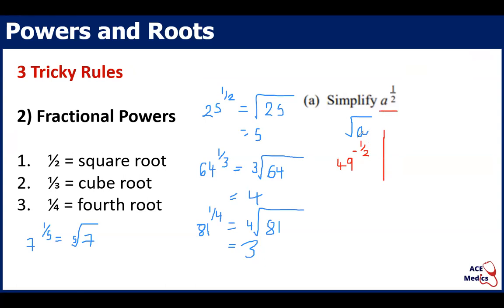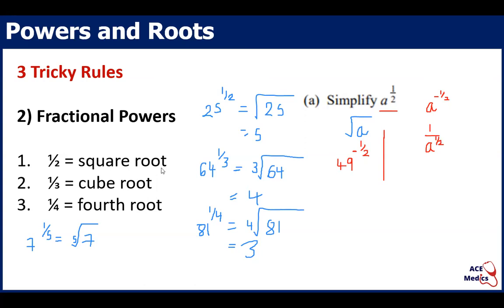So if a to the power of a half is root a, then a to the power of minus a half, remember we said if something is a minus indice, we need to flip it and make it positive. So it's going to become 1 over a to the power of a half. Everyone happy with that? Exactly like how we just did for our first tricky one.